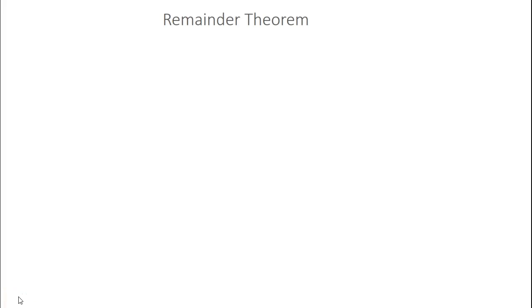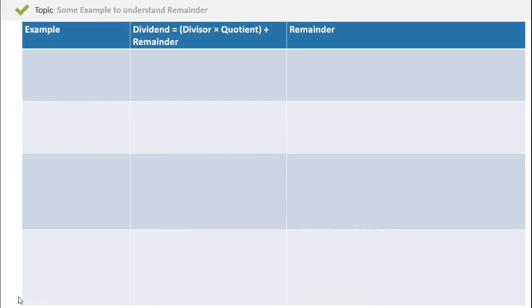In this section, we are going to talk about remainder theorem. What is remainder? Let's try to understand this through some example. If I divide 15 by 6, I can represent 15 by 6 as 6 multiplied by 2, which gives you 12, plus 3, which gives you 15.